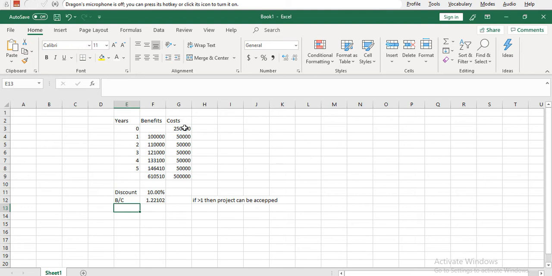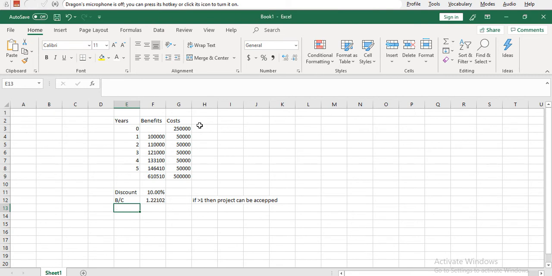Let me calculate the present value of all the costs and the present value of all the benefits. To do that, we calculate NPV. So let us do one thing. I will calculate all the net values and write net present value.